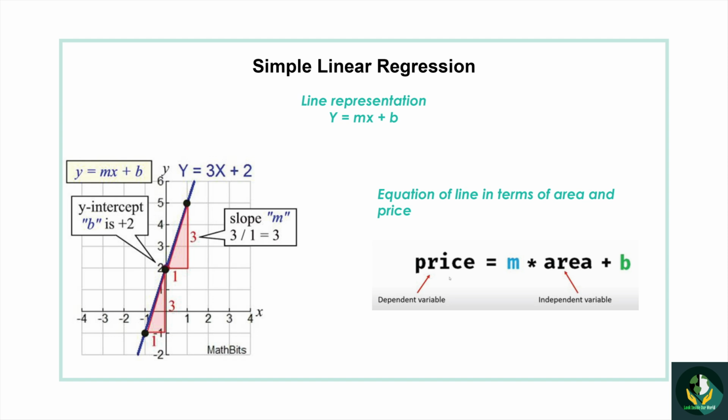Here is the representation of the equation of the line in terms of area and price, where price is the dependent variable and surface area is the independent variable, because we are calculating the price based on the surface area. We are going to find out the best fitted values for m and b. Then we predict the price of any house when the surface area is given as an input.